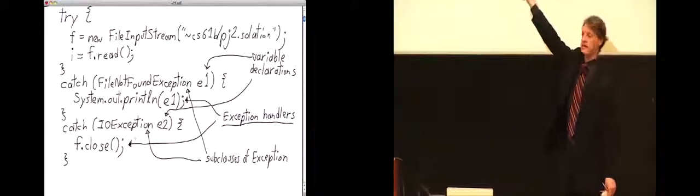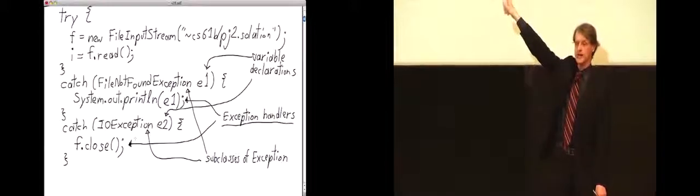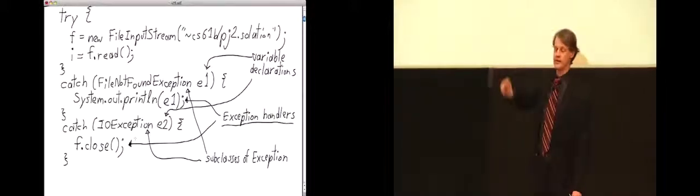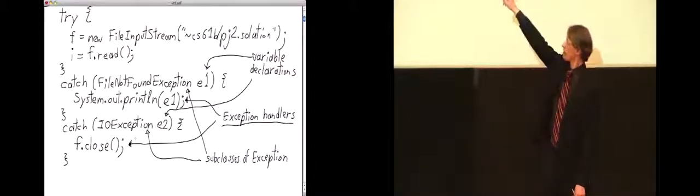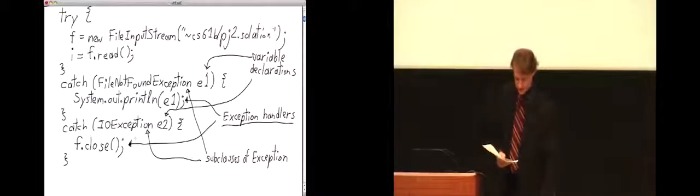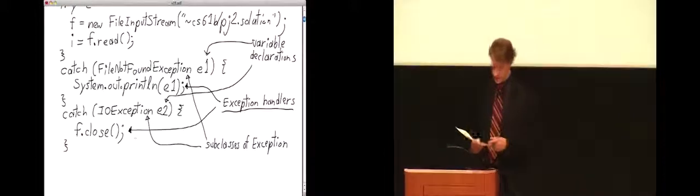One interesting thing about this code is that FileNotFoundException is a subclass of IOException. So if you throw a FileNotFoundException, it's actually going to match two of those catch clauses. So let's talk about what this code does.